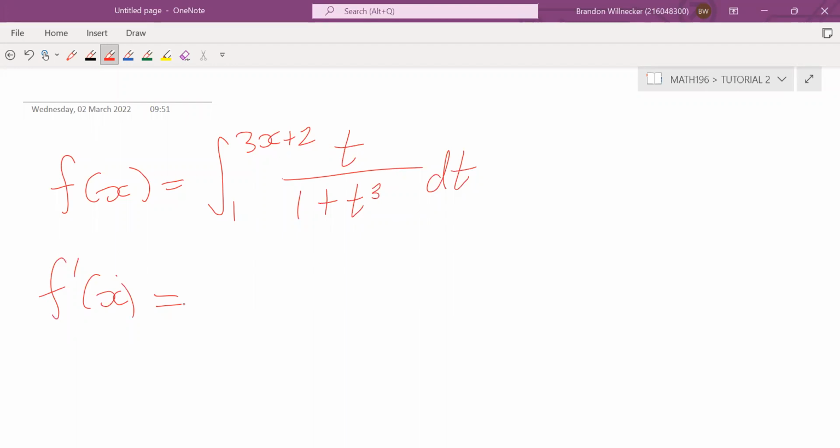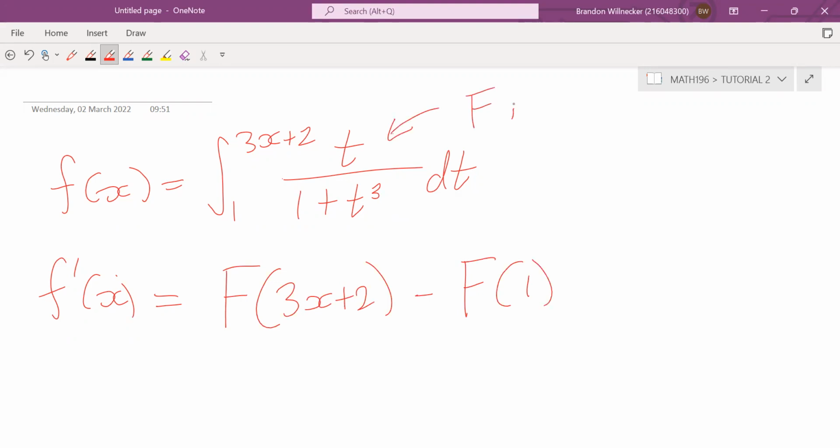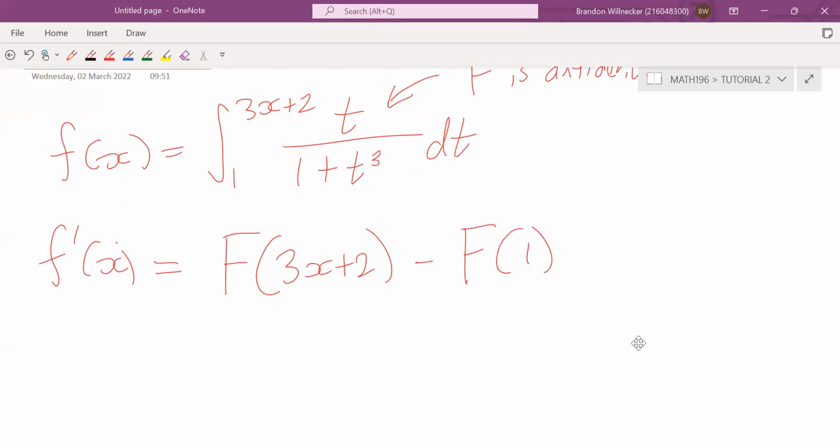You would use FTC part 2, and you would say that this is the antiderivative at 3x plus 2 minus the antiderivative at 1, where F is the antiderivative of this. So you use FTC part 2 for that.